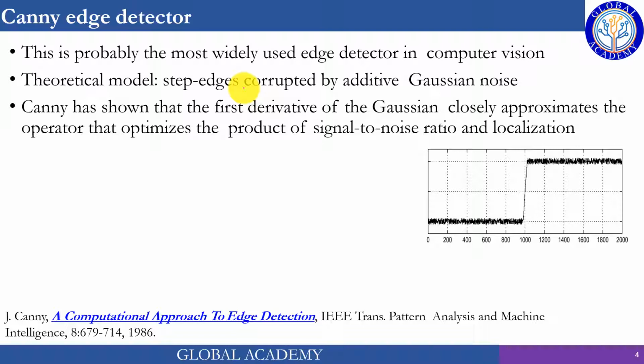The theoretical model is in fact just to detect step edges which are corrupted or contaminated by additive Gaussian noise. As we discussed earlier, edges are more prominent and the noise usually resides on the flat, plane surfaces, but edges are sharper as compared to this noise.